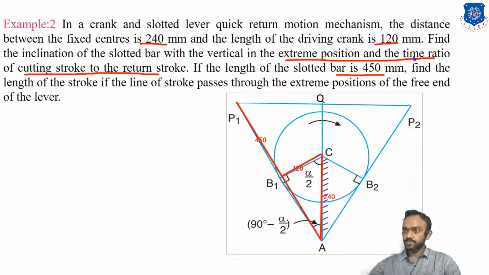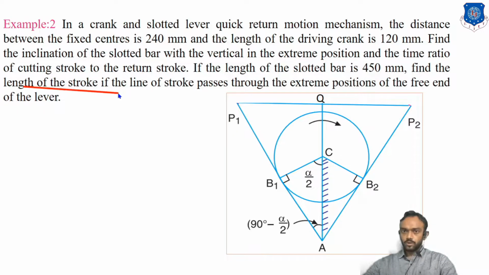What we have to find first is this ratio, same as the last example. To find this ratio, we consider this triangle AC B1, and we already know that (90 minus alpha) by 2 is here. Sine is equal to opposite upon hypotenuse AC. Both data are there. If we find alpha, the ratio will be easy: (360 minus alpha) divided by alpha. Simple. The length of stroke is also asked in this example, and for that we have to use another geometrical relation. First find the ratio of cutting to return, which is the same as the last example.